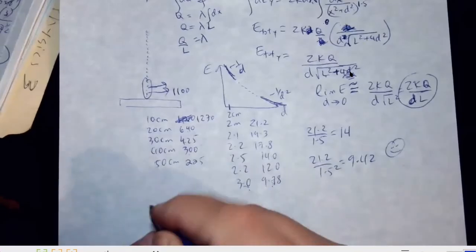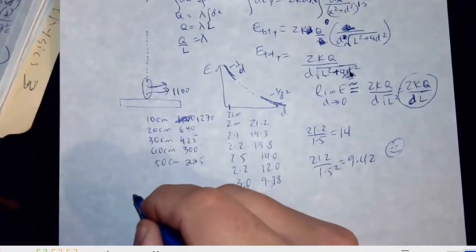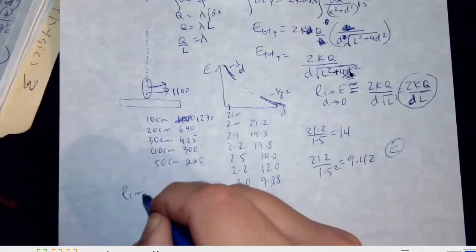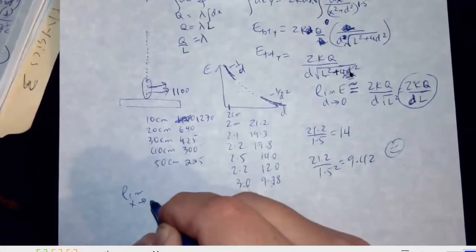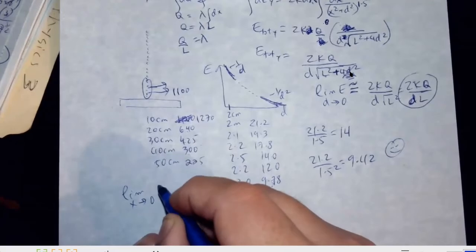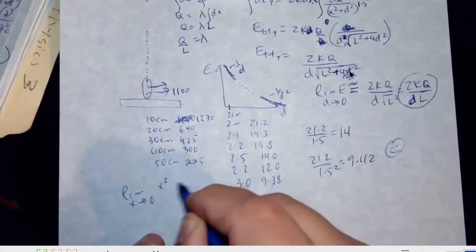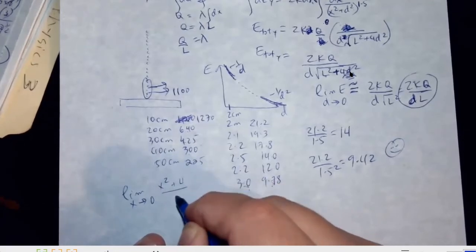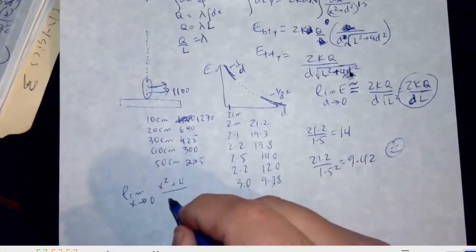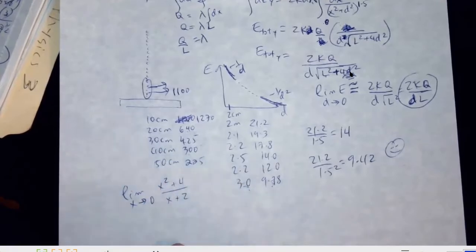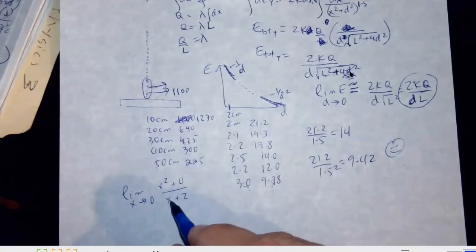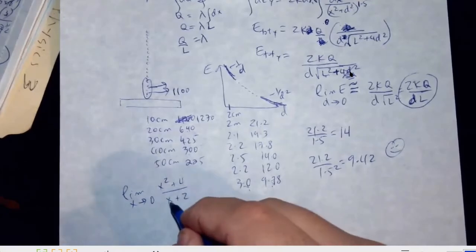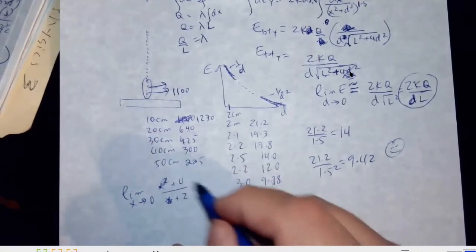Like, do you mean, let's say, the limit as x goes to 0 of x squared plus 4 over x plus 2? If x is a small number, then you could ignore that and then ignore that.